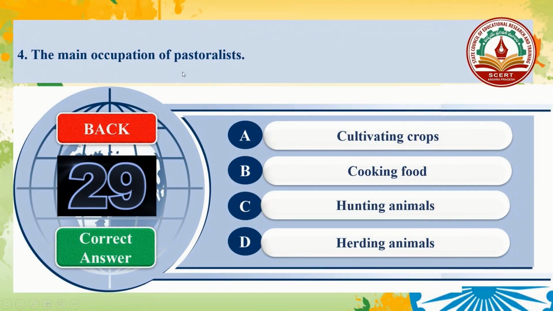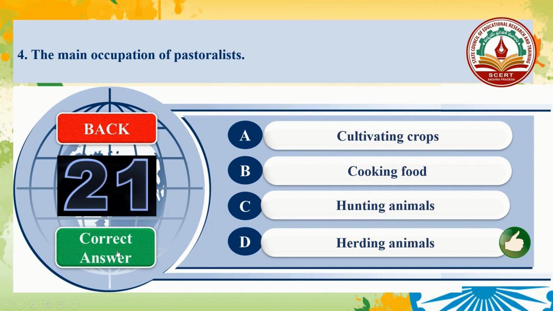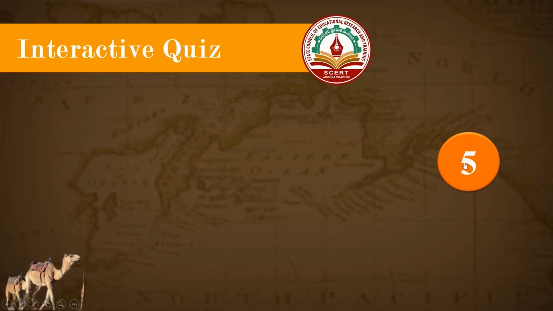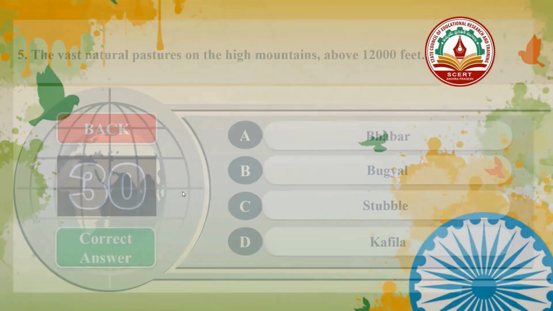The main occupation of pastoralists. These are the 4 options. Correct answer is herding animals. And go back to dashboard. I click on last bit, number 5.